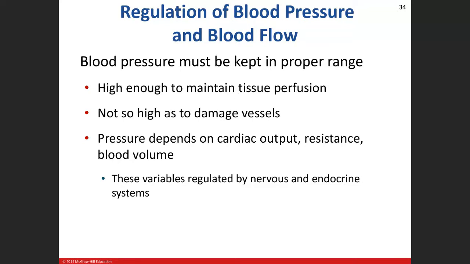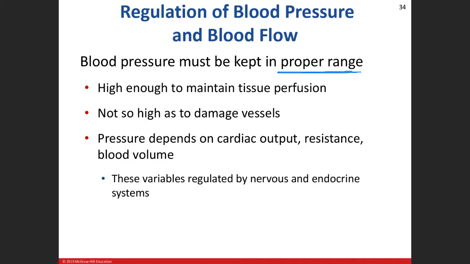Keep in mind, this goes back to chapter 1. Our blood pressure needs to be kept in a certain range. Remember the set point? What's our body temperature? It should be 98.6, or 37 degrees Celsius.